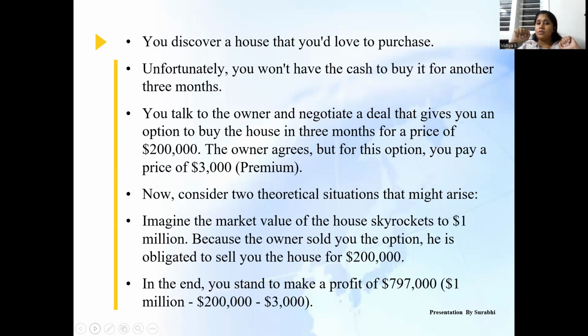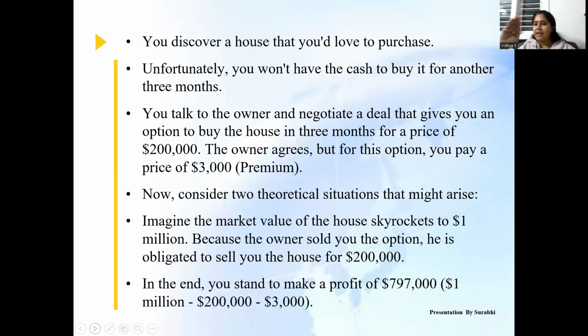You discover a house that you would love to purchase. Unfortunately, you won't have the cash to buy it for another 3 months. You talk to the owner and negotiate a deal that gives you an option to buy the house in 3 months for a price of 2 lakh. The owner agrees, but for this option you pay a premium of 3,000.